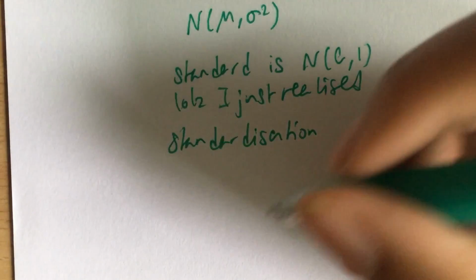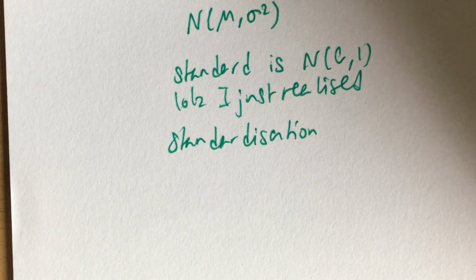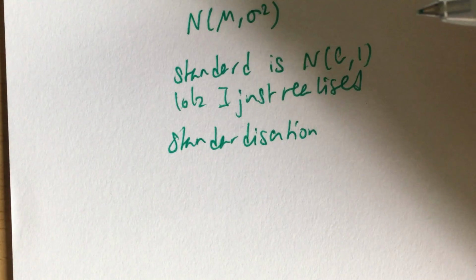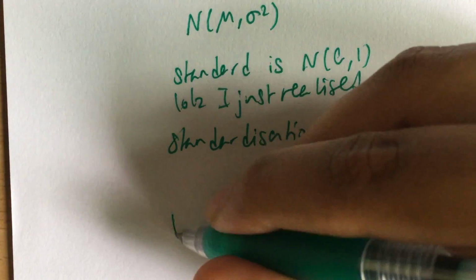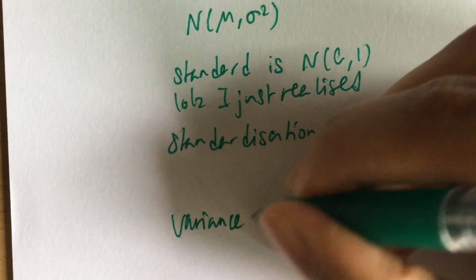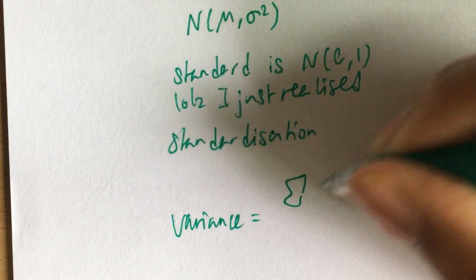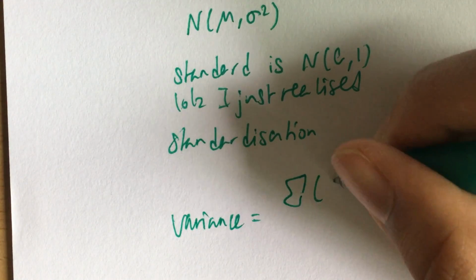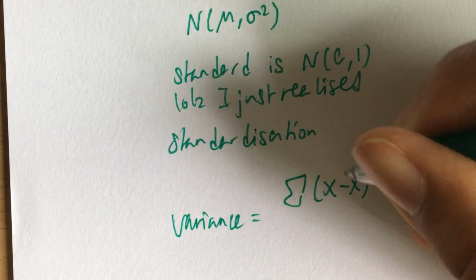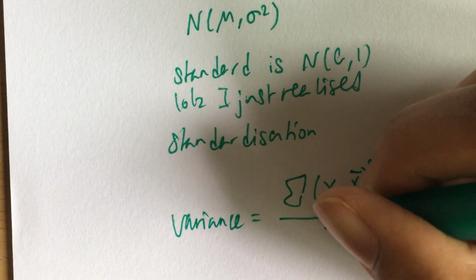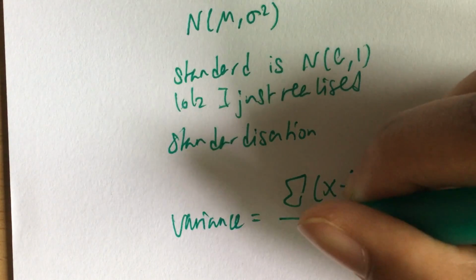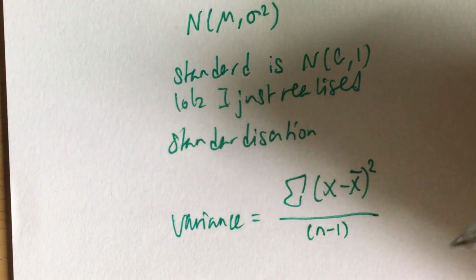So how do you get variance? Once again, the variance is like the average of the differences between the number and the mean, in a sense. So if you take each number and subtract the mean from it, you get a difference. That's like the deviation from the mean, right?